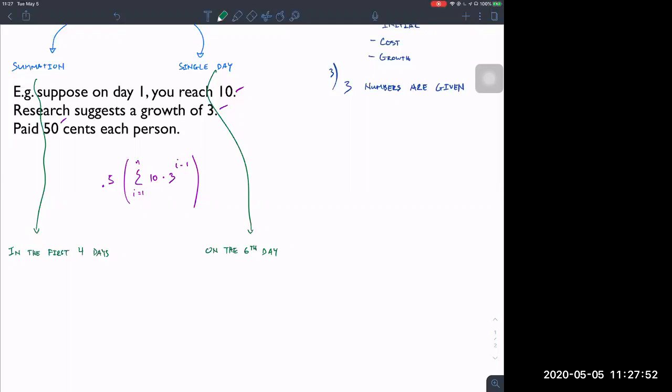Otherwise, it won't work. Otherwise, you won't know which one you're doing.